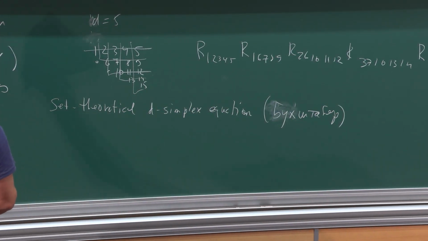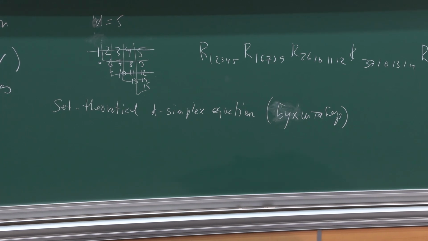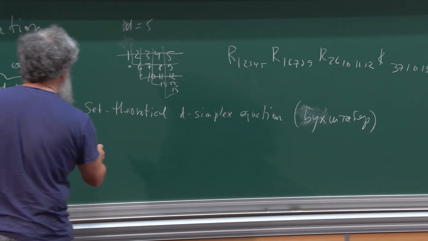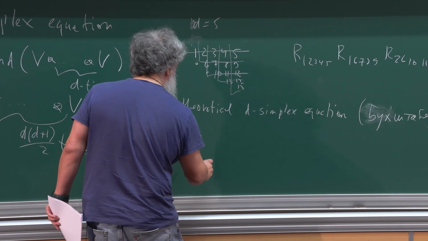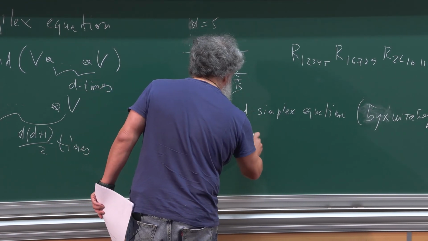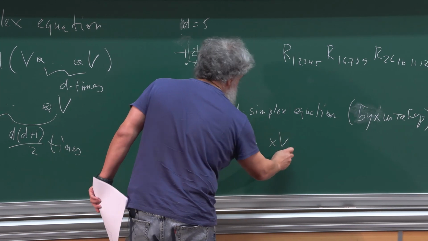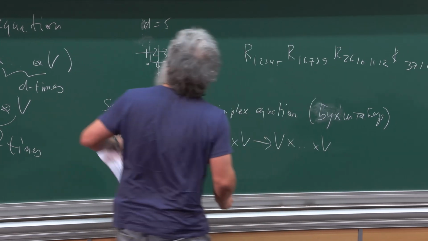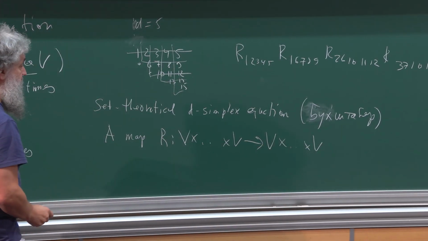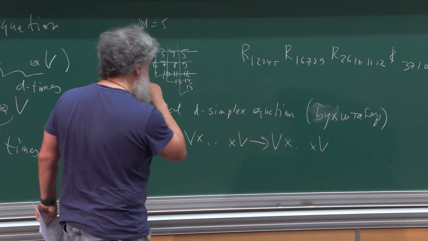Instead of considering the tensor product and endomorphisms, one considers a map from a product of spaces to itself, with the same machinery.